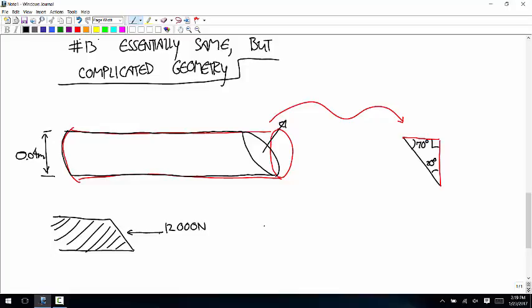So the traction vector, if the coordinate system is like this, is negative 12,000 newtons, 0, 0, divided by the area of the face.